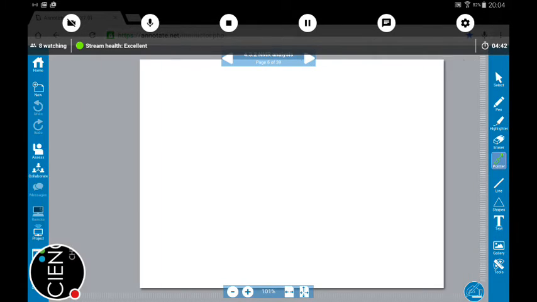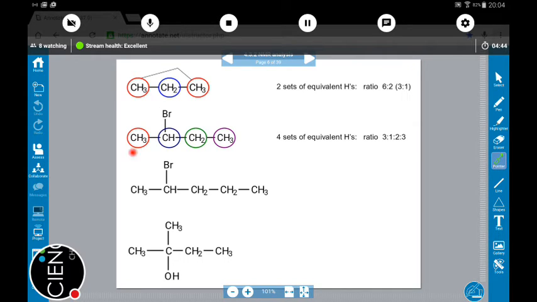Let's look at the next molecule now. In this particular molecule, we have 4 different environments, and just to look into that in a bit more detail, this CH3 this time round, unlike the example over here where this CH3 is the same as this CH3, is now not the same as this CH3 over here. Let's look at why.